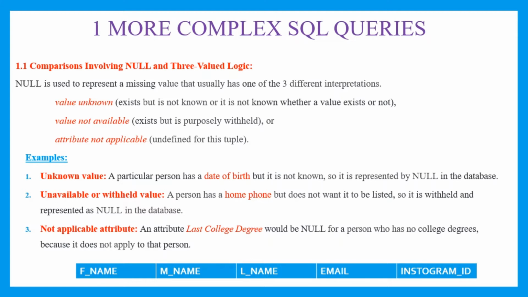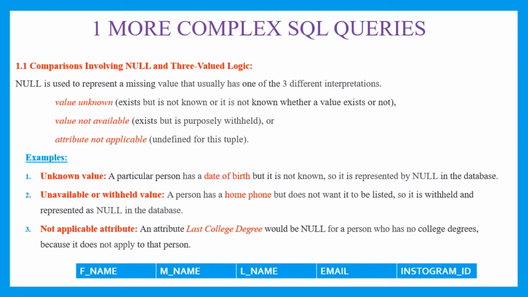Value unknown means the value exists but is not known, or it is not known whether the value exists or not. Value not available means the value exists but is purposefully withheld. Attribute not applicable means it is undefined for this tuple.